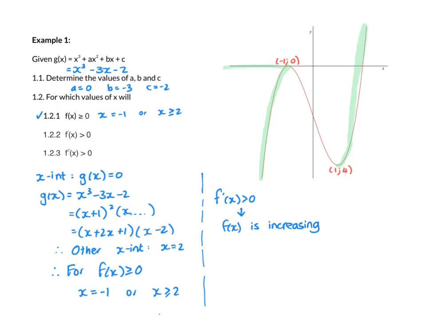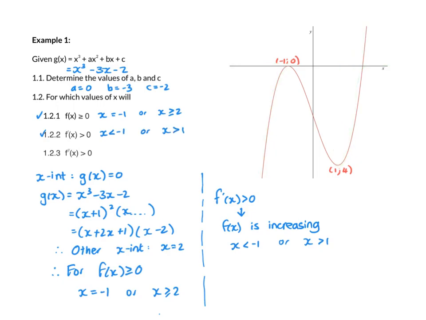For that increasing section, I can then see the x values will be less than negative 1 or greater than the turning point, which is 1. So I can write that out as x is less than negative 1 or x is greater than 1. So I've done 1.2.2.